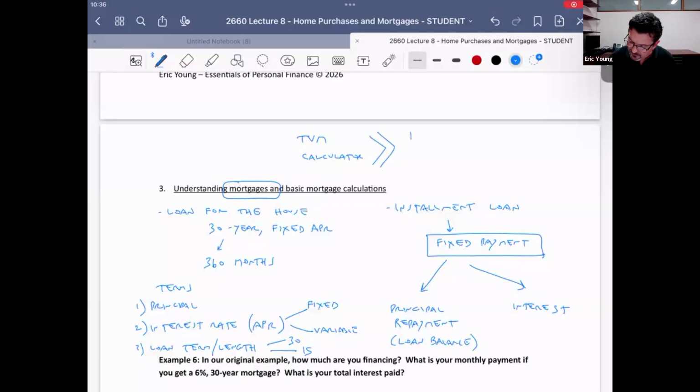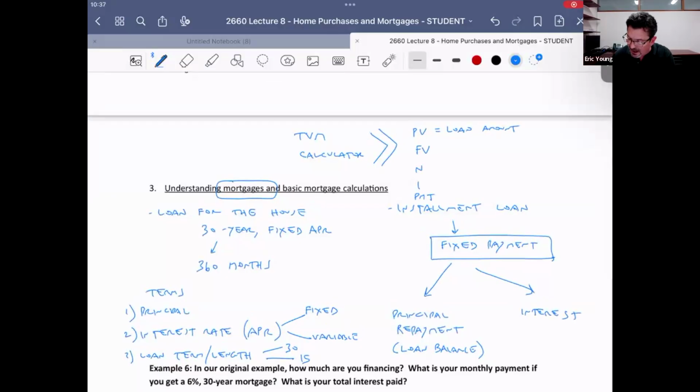Think of it this way: present value, future value, N, I, and PMT. In the context of a mortgage, the present value is the loan amount, the loan balance.